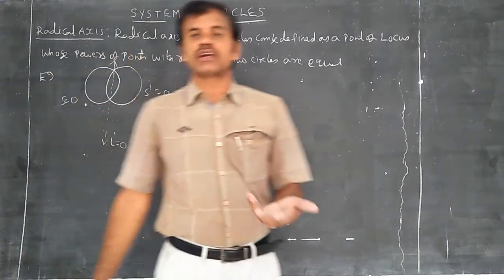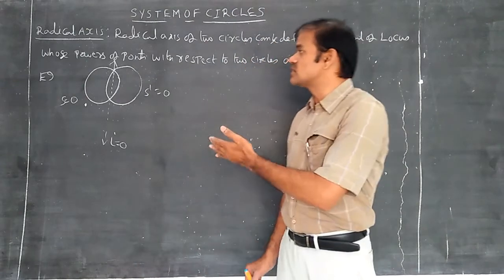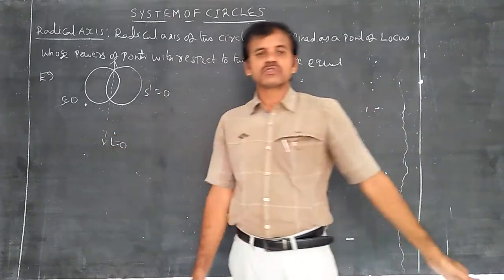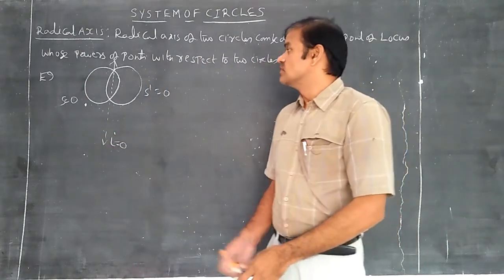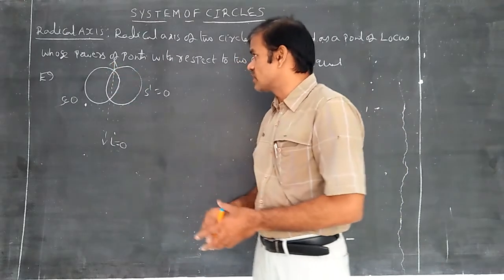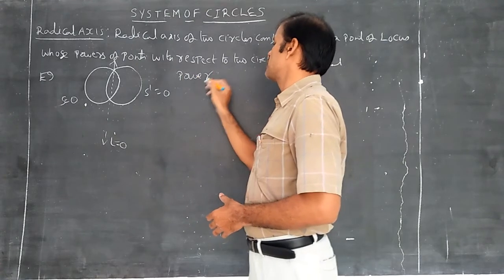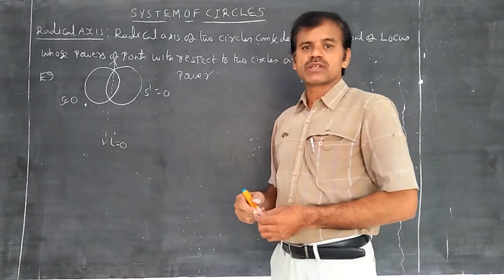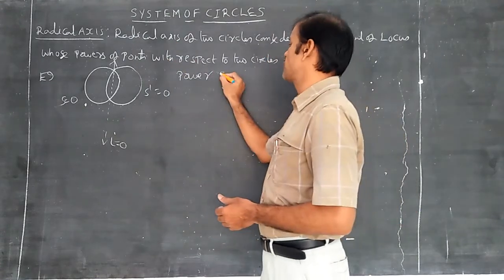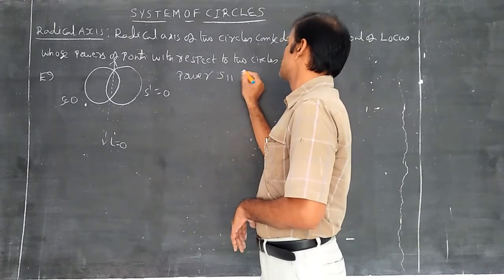So all the points lie inside the first circle and also inside the second circle, so the power of the set of points is S11 less than 0.